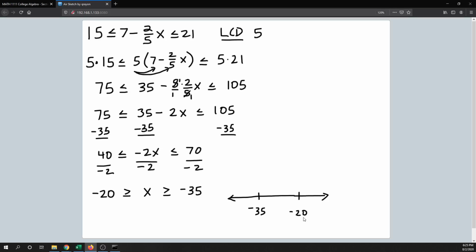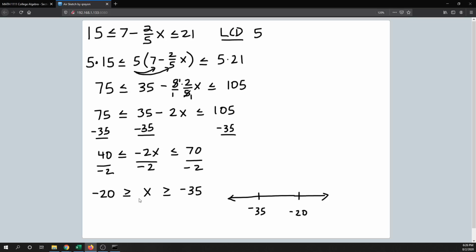Okay. The next step is to decide whether the -35 and the -20 will get an open dot or a filled dot on the number line. And they will both get filled dots. The reason being is that they both have this or equal to. It's one way to look at it, but really, -35 and -20 are both solutions of this inequality.